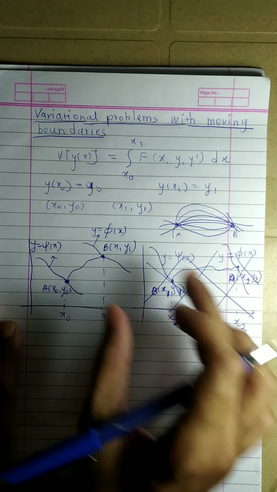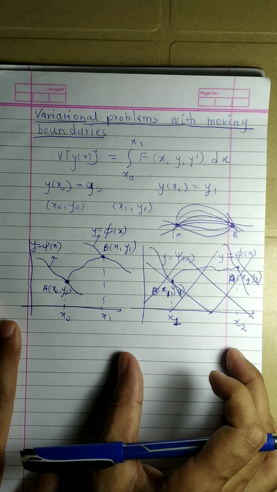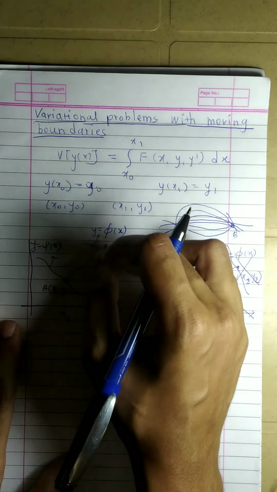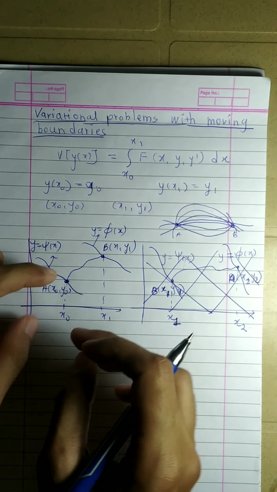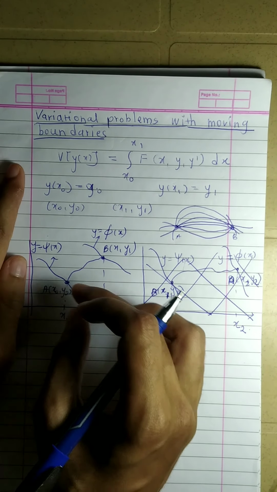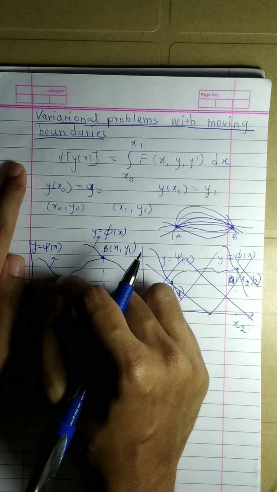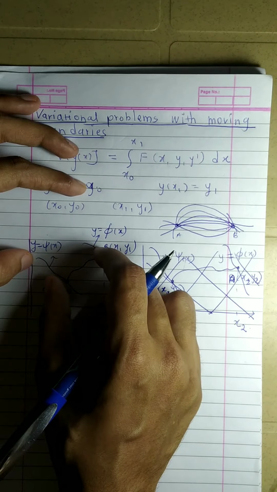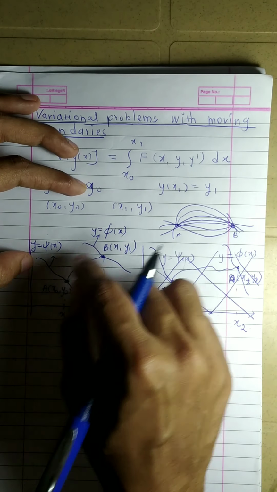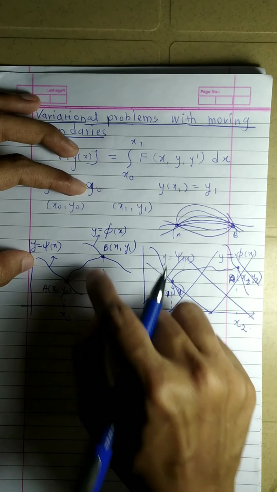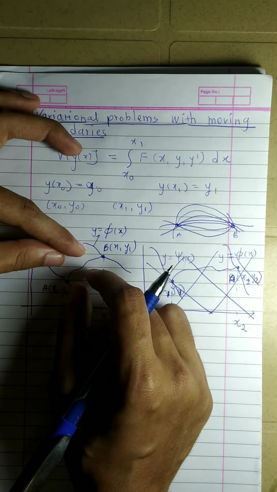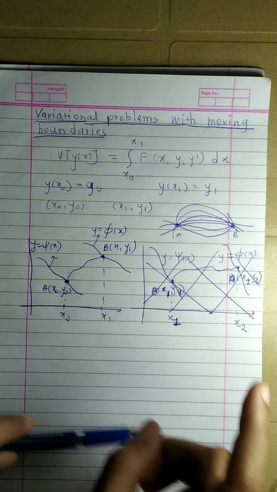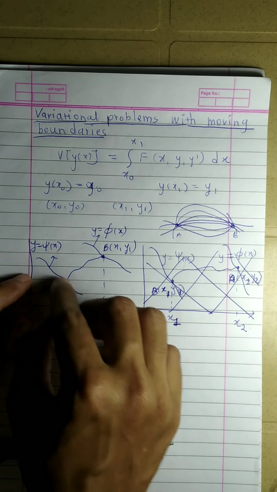So we will take the functional for that problem and we will allow these points to move, because if I want to find a curve along which, if I travel, the distance between this and this will be the minimum, then obviously we will have to check each and every point.